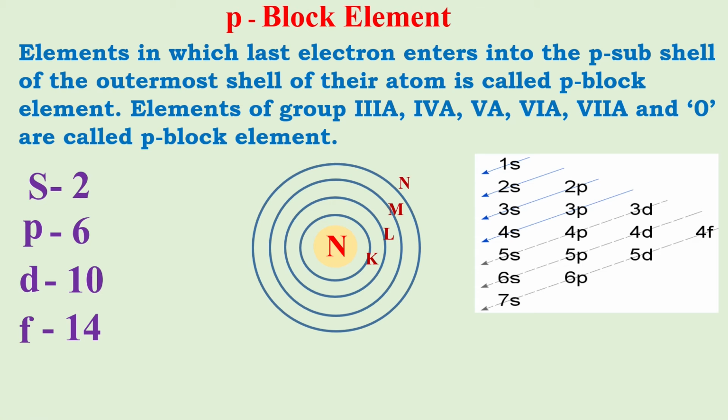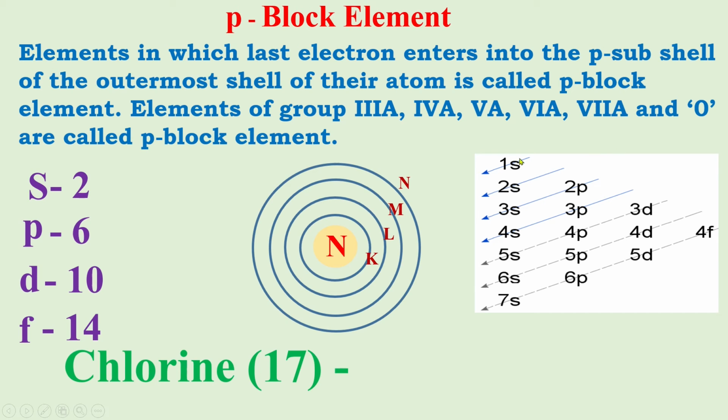Now without an example it cannot be understood. Let's take one example. Chlorine is a p block element. Now how is it a p block element? Its atomic number is 17. If you want to fill the electrons in different subcells of its cells, first you fill the first cell s subcell, and the s subcell can hold 2 electrons.